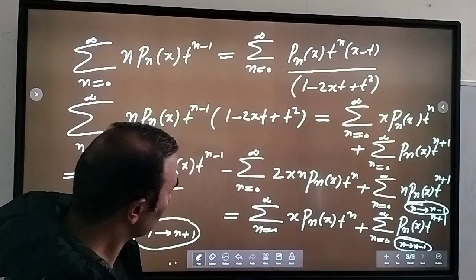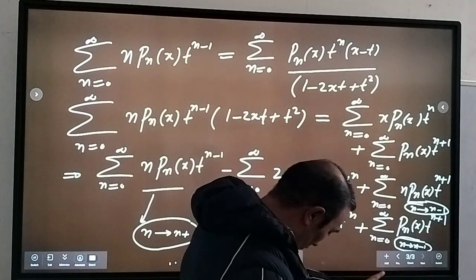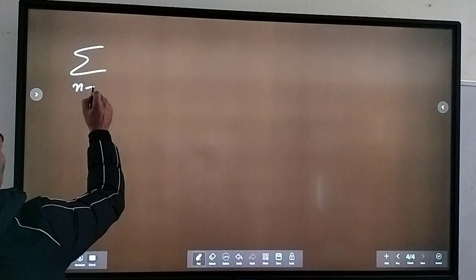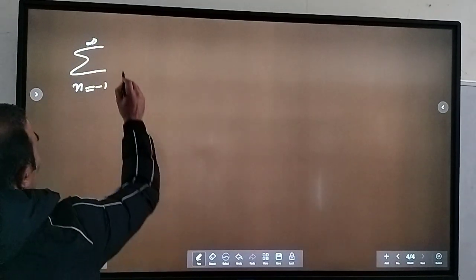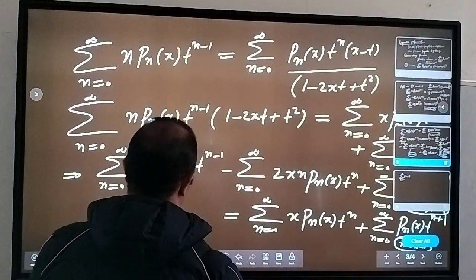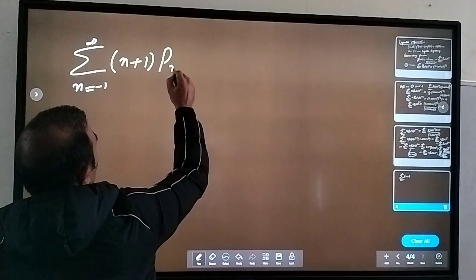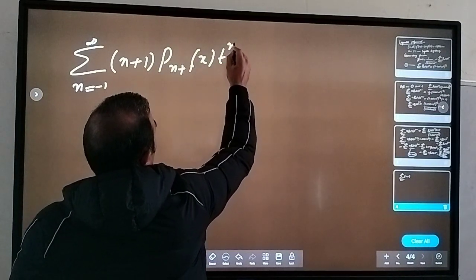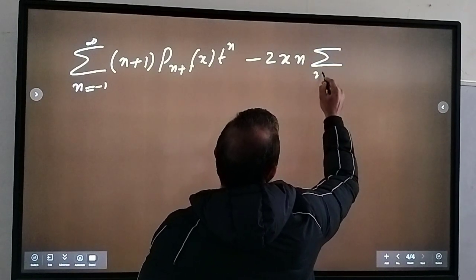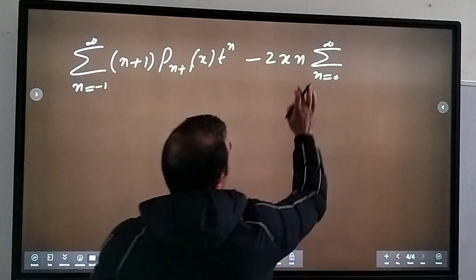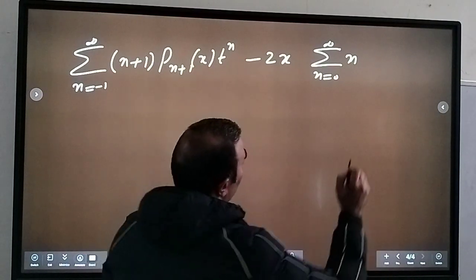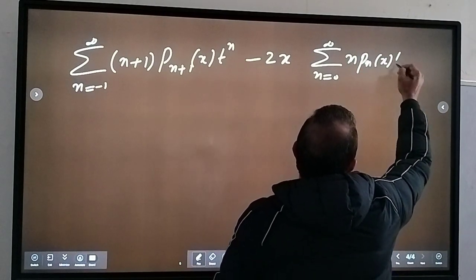Okay, so when I shift that, what should I write here? So I can write here the summation where n starts from minus 1 to infinity, because n goes to n plus 1. So that's (n plus 1) P of n plus 1 of x.